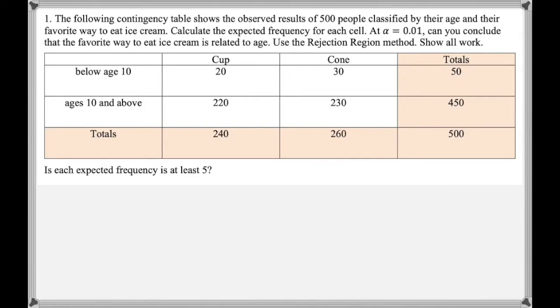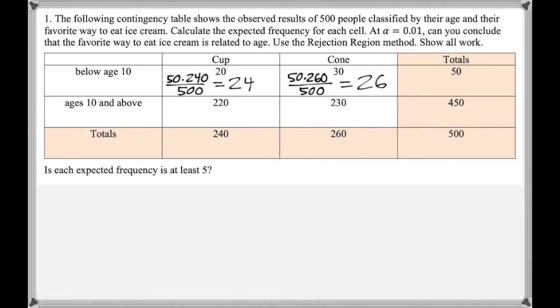So to find the expected frequency for each cell, we have to take the row total multiplied by the column total and divide it by the grand total. So for this cell, we have to take 50, multiply it by 240, and divide it by 500. And that's equal to 24. For this cell, we have to take 50 multiplied by 260 and divide it by 500.